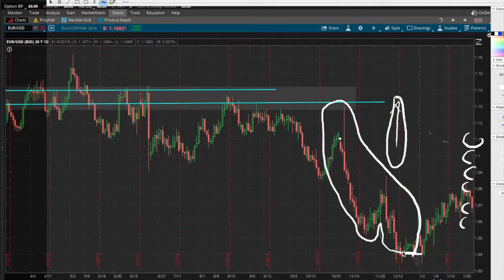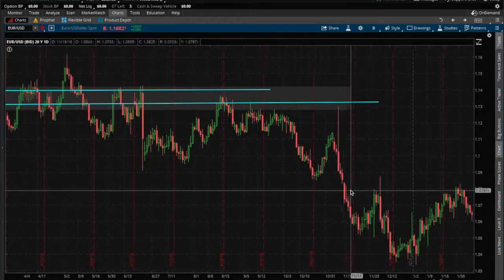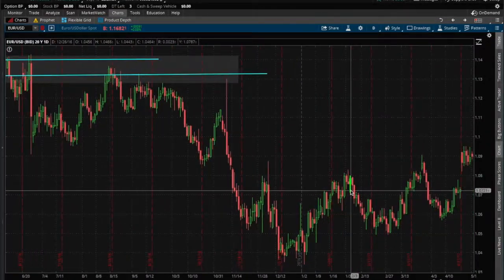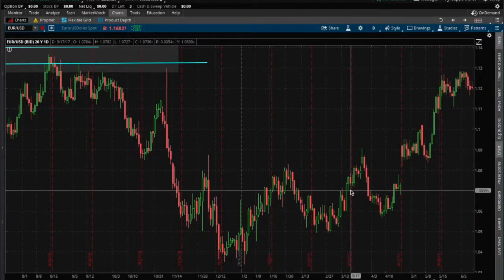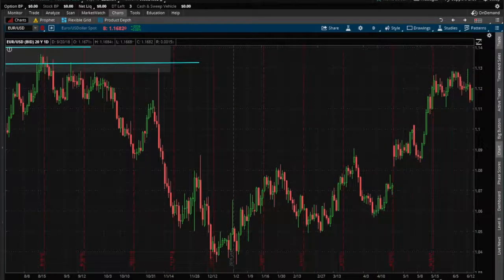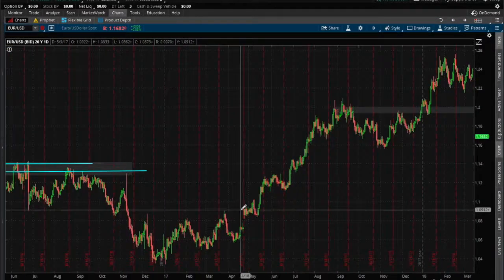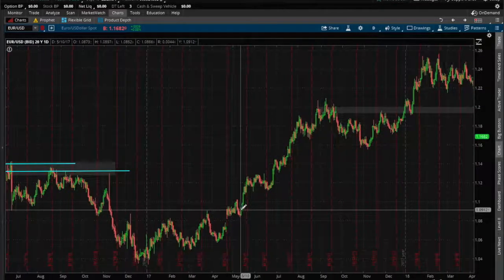You got to remember, this was this massive pullback that we're seeing here. That was right around the time that people started to realize that Donald Trump as president may not be the best idea in regards to economic strength. And then they also started to realize that, well, this whole nationalist ideology that Trump has, that's actually bad for a currency. That actually makes the currency go in the opposite direction.